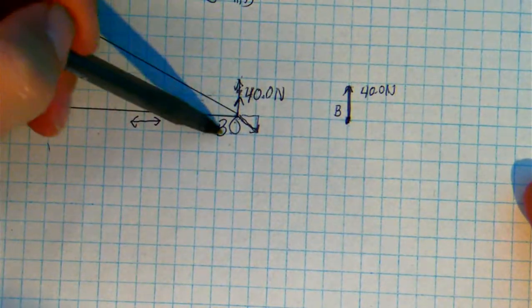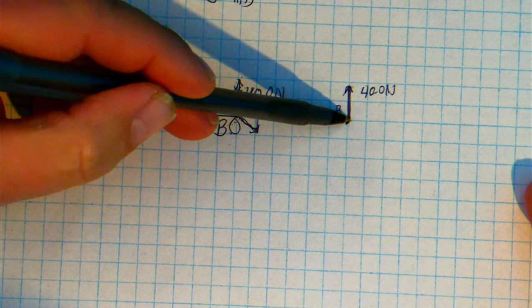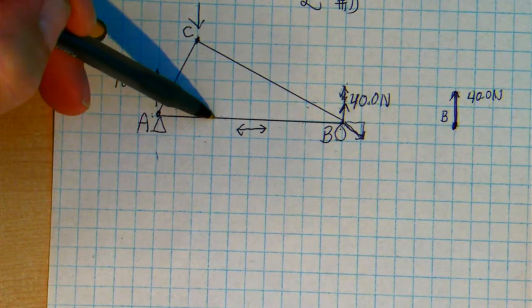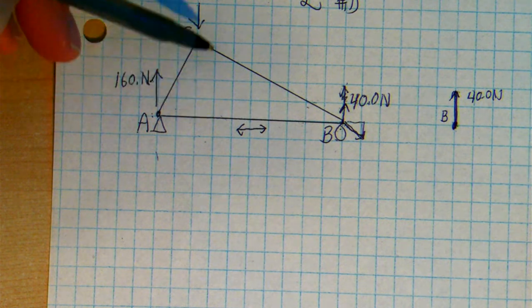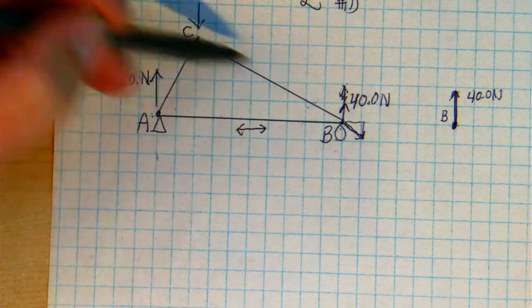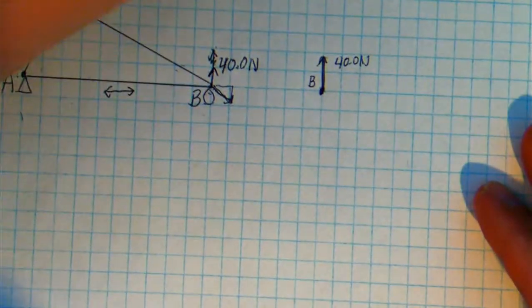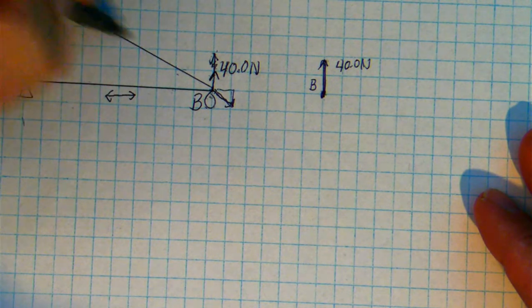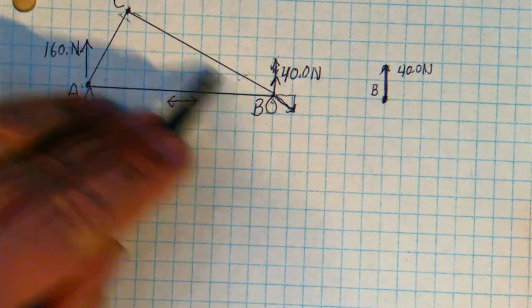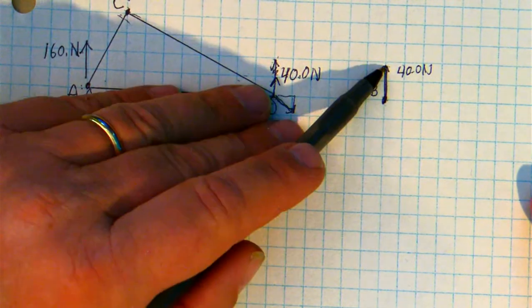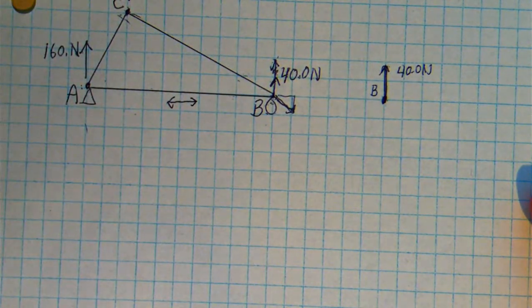So if the ground is pushing up at point B vertically with 40 newtons, member AB can't do a darn thing about it. Only member BC can do something about it. And member BC can pull or push. If it pulls, then it's going to be contributing in the same direction as that 40 newtons.